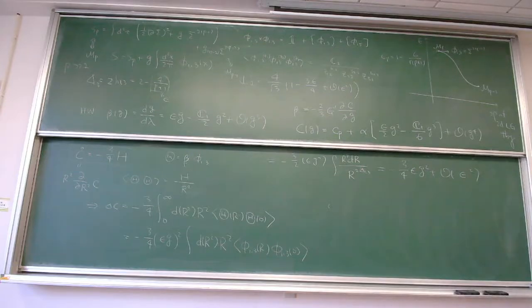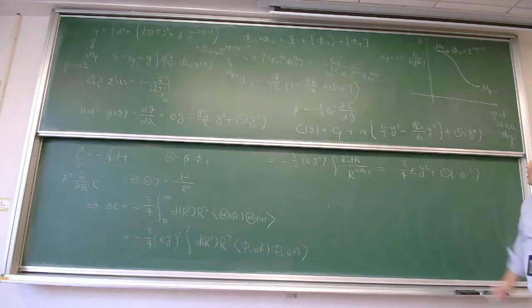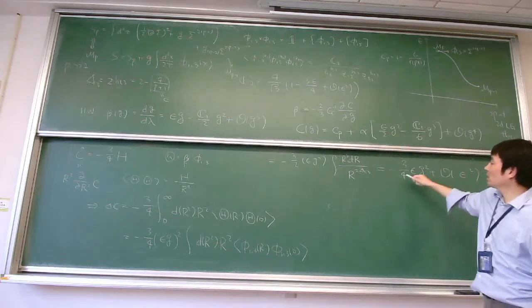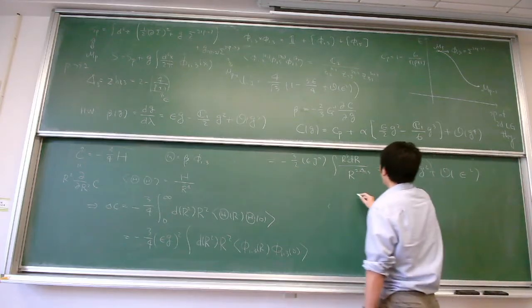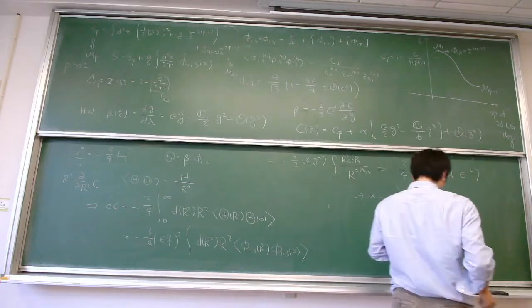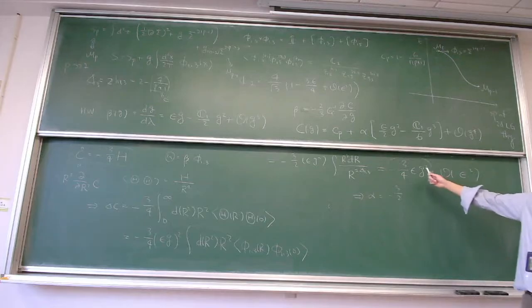Okay. So therefore, if you compare between this guy and then this guy, we know that the leading term of delta C is alpha times epsilon over 2, and the delta C is really this one. So therefore, from here, alpha is indeed minus 3 over 2. That you can derive from this analysis.